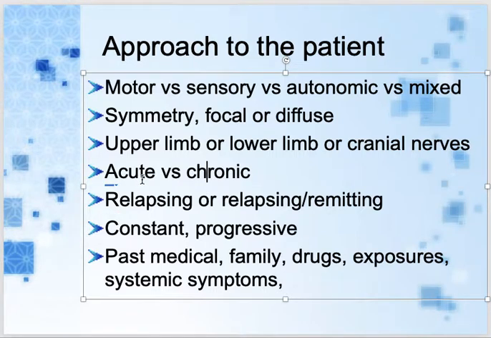And then the final thing in history is to sort out what can be the most likely etiology. For example, you will ask about past and family history, and check for diabetes, renal failure, HIV infection, Lyme disease.